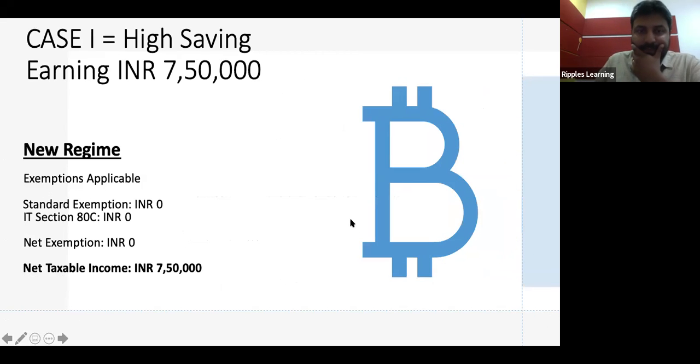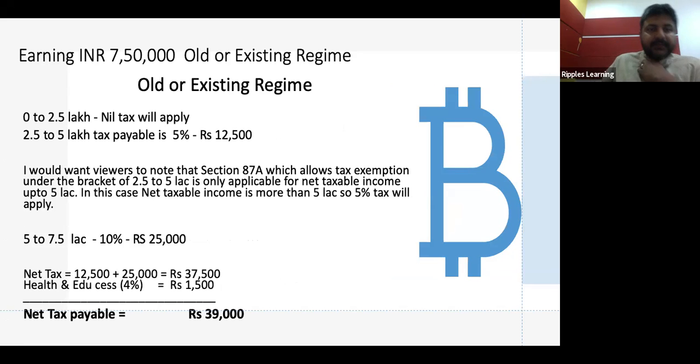Okay. This is what we were discussing. We were discussing the new regime, and the net tax to be 39,000 rupees. How did we calculate it? Depending on your earnings, you will have to calculate via slab.